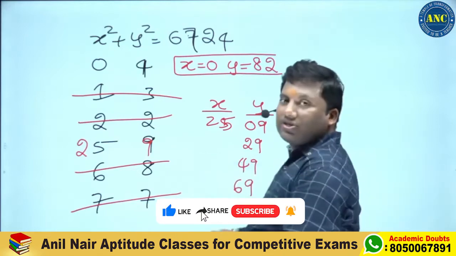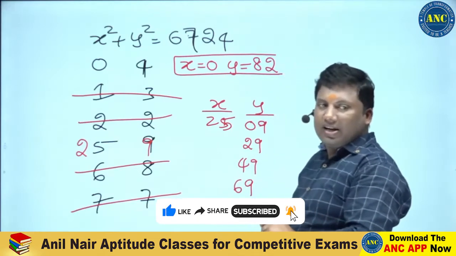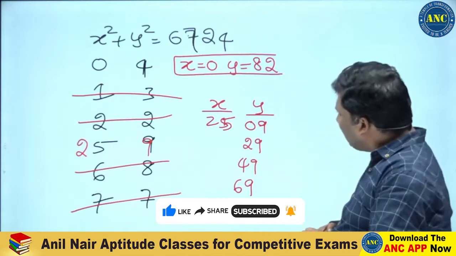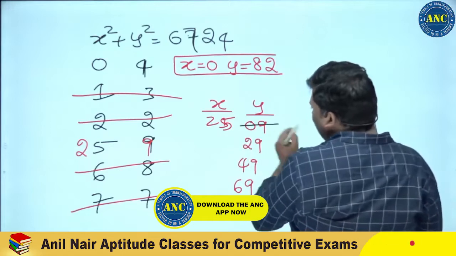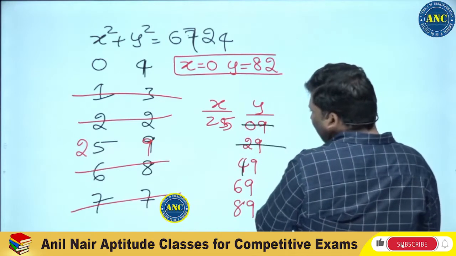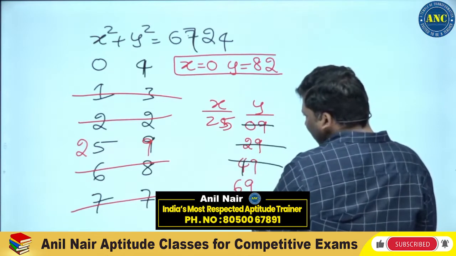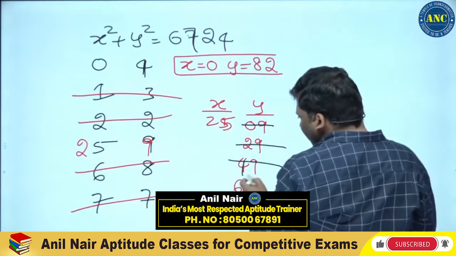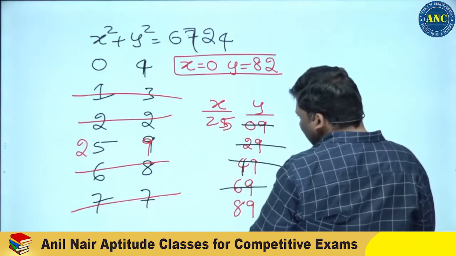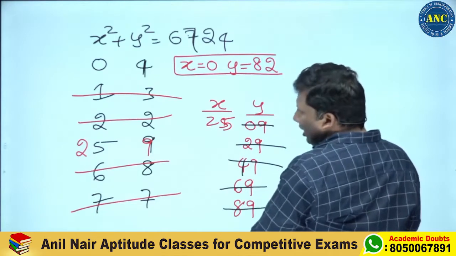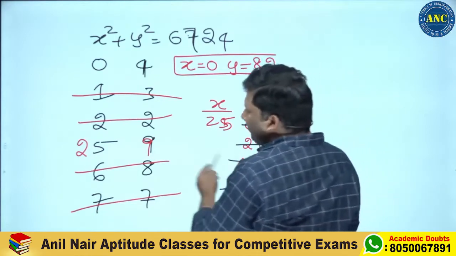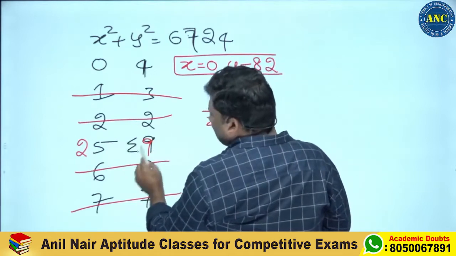Which case is giving you 24 at the end? This is giving you 34, this 54, this 74, this 94, this 114. Now if you see here, none of the cases are possible.